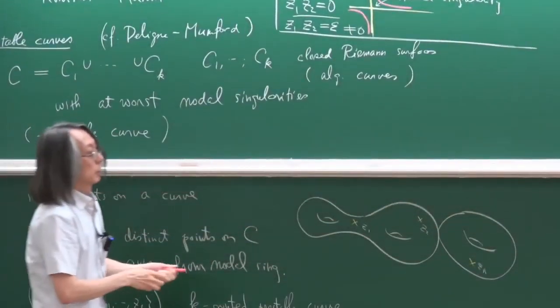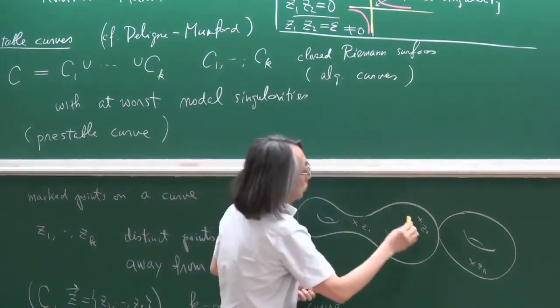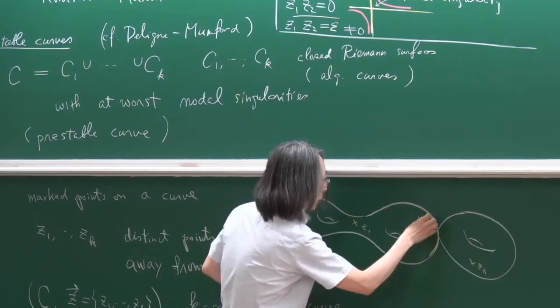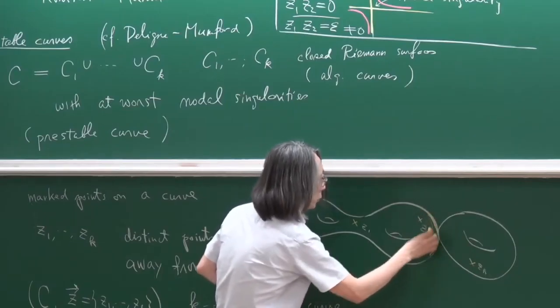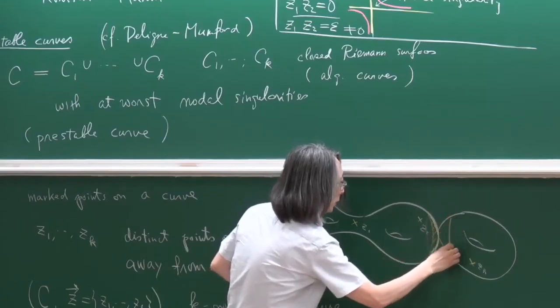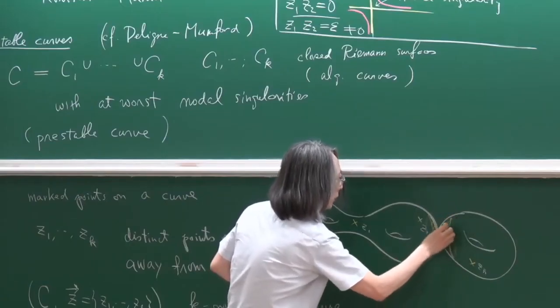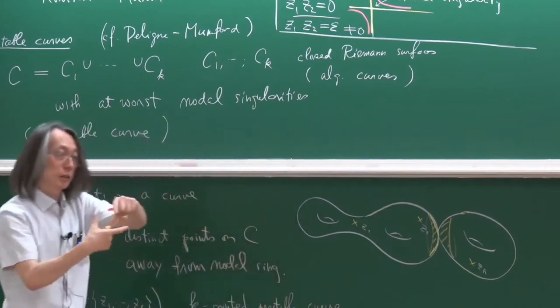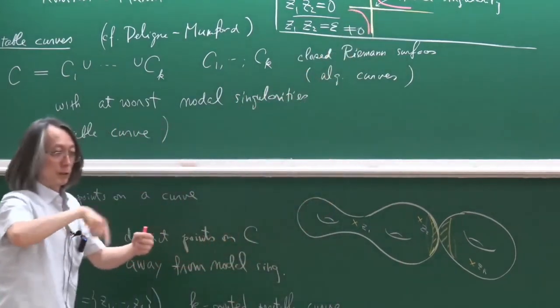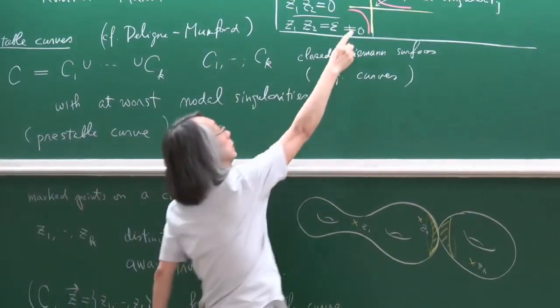In this picture, originally my domain has two parts, like this part and this part. So two disks are meeting, because this line is actually two small disks intersecting transversely in C2.